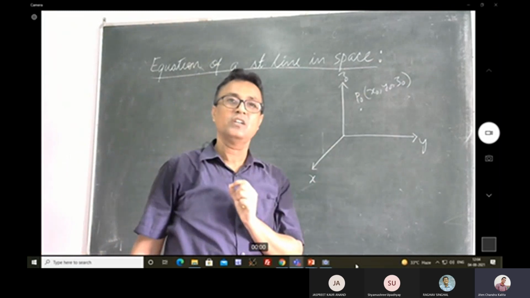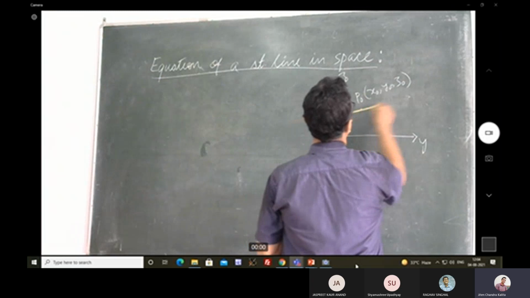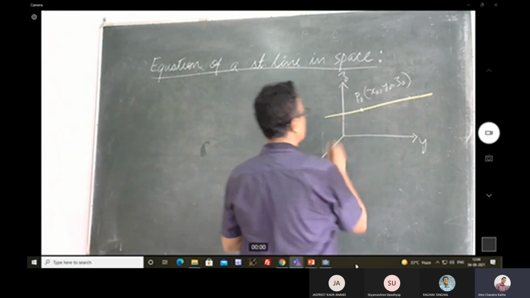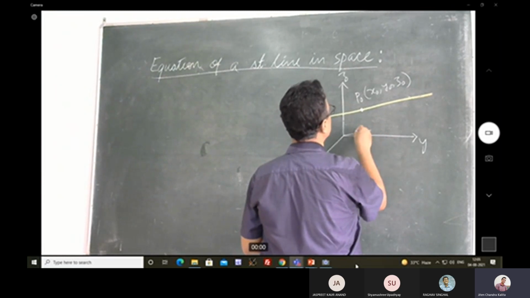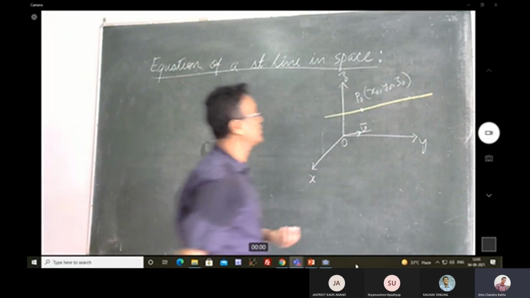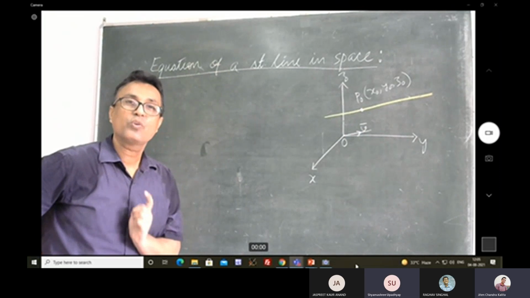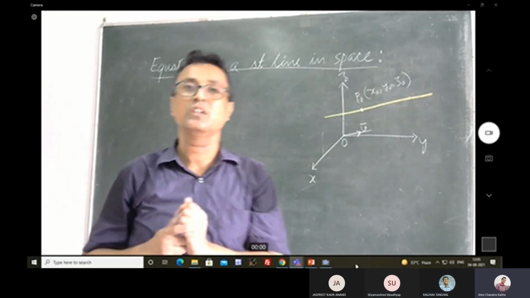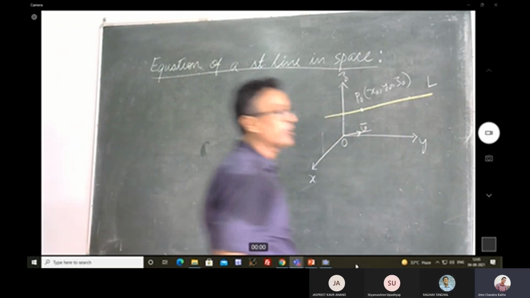Another piece of information is that the straight line which passes through the fixed point P naught is parallel to a given vector, say V. Based on these two facts, we will try to find the equation of the straight line, say L.